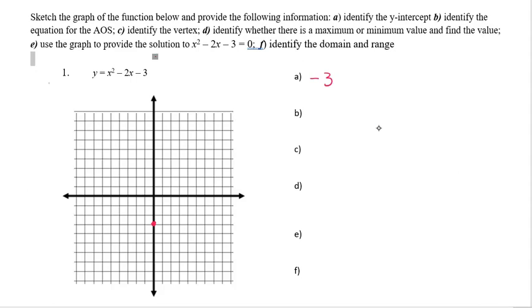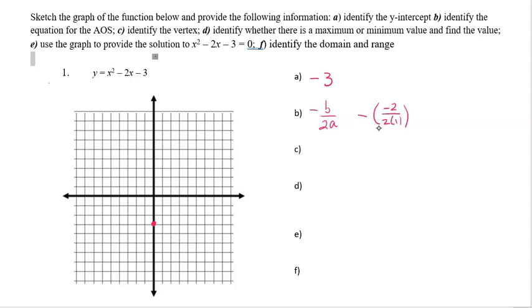Letter B says to identify the equation for the AOS. So once again, the formula to find the AOS is the opposite of B over 2A. When I apply that formula in this case, it's the opposite of B, which is -2, over 2 times A, and A is +1.